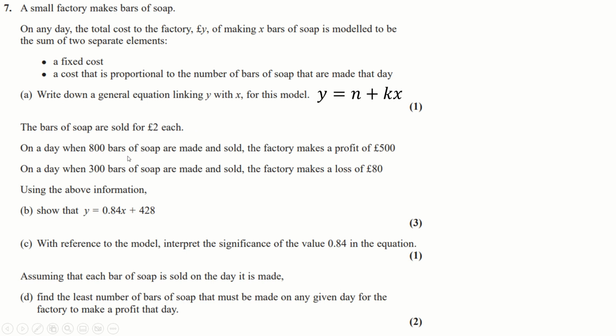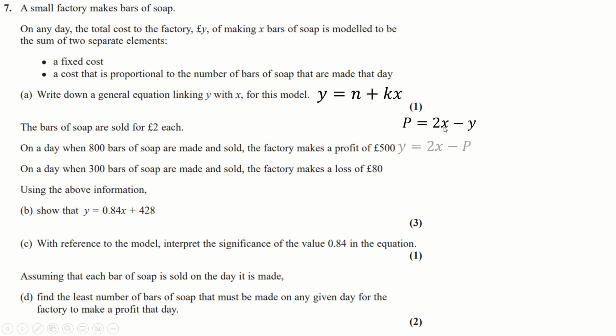Initially when you look at this, you think, oh okay, y is 500 when x is 800, and I'll just solve for n and k using these two things. But y isn't the profit, y is the cost. So what you first have to do is say that the profit is equal to 2x, 2 times the number of bars you make, minus the costs, which are y.